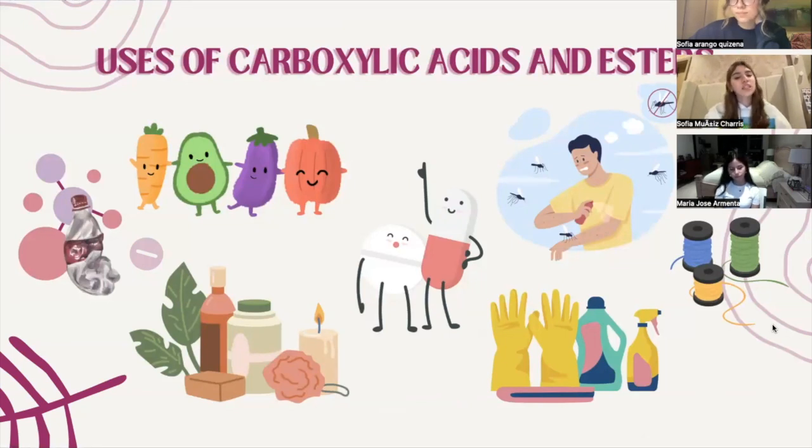For example, they serve as an important factor of various drugs. In aspirin, they are used, and as we know, aspirin is really important as it is a common pain and inflammation reducer.